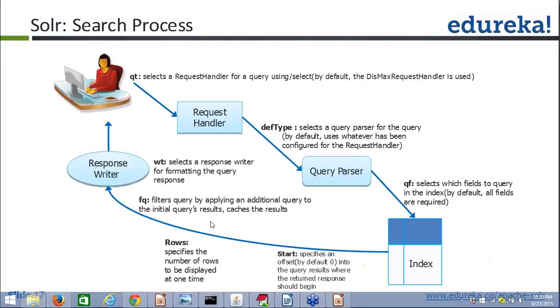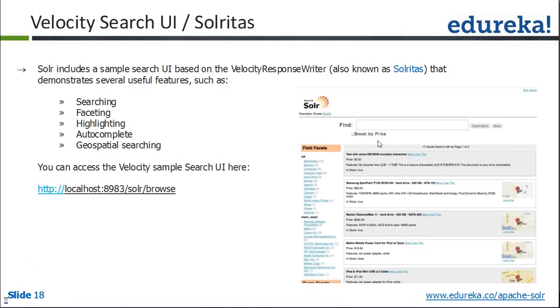This is basically controlled by the cached data which is there in Solr. So this filter is applying an additional query to the search results which have been given by the index store. And then you can choose the response writer and how this query response should be formatted. Is it clear, guys?